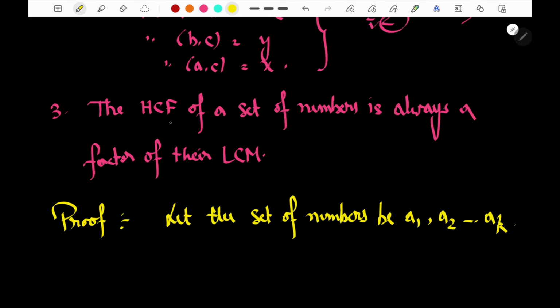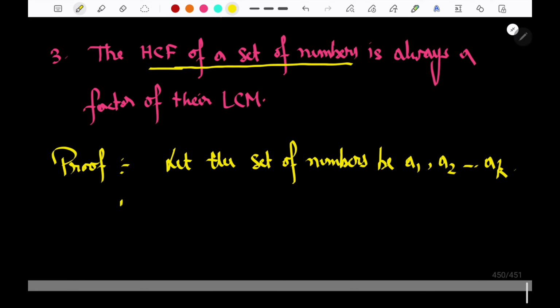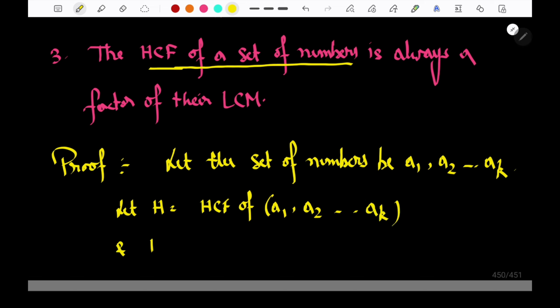We are required to find the HCF of this set of numbers and to prove that it is always a factor of their LCM. So let H be the HCF of a1, a2, till ak, and consider L to be the LCM of a1, a2, till ak.